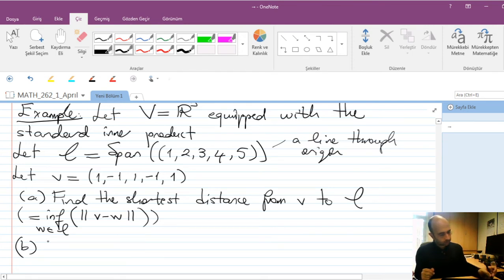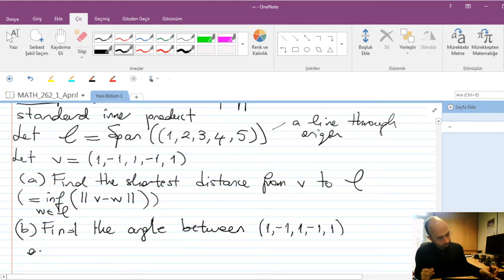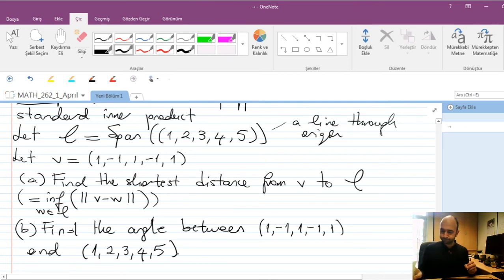And the second question is find the angle between these two vectors, (1, -1, 1, -1, 1) and (1, 2, 3, 4, 5), which generates the subspace L.